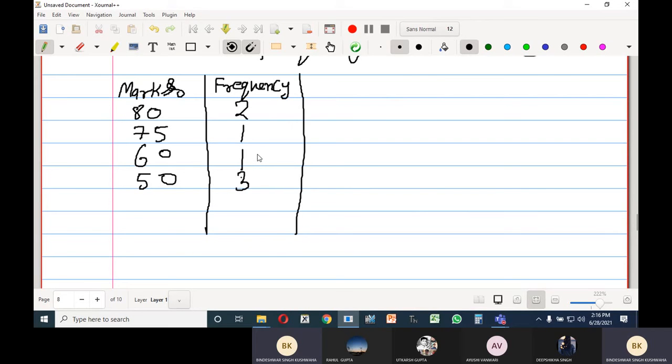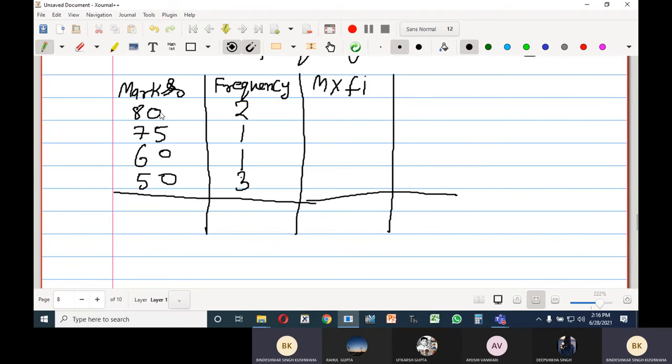See, what will happen? First of all, as I said, you have to calculate the mean. So to calculate the mean, here I'm going to write, you will calculate marks into frequency. Marks I'm writing M and frequency I am writing F. So you will calculate M into Fi. For the first one, marks 1, marks 2, marks 3, marks 4.